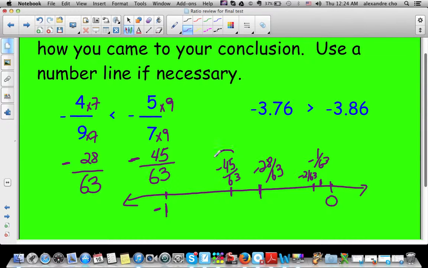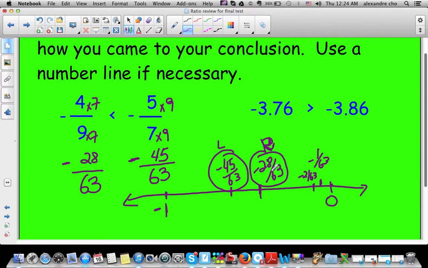Now you have to decide which one's bigger. I'm going to put a circle around each number. Remember what I told you: anytime you're comparing two numbers, the number to the right is always greater than the number on the left. So this is the number on the left, and I'm going to mark this one R, the number on the right.